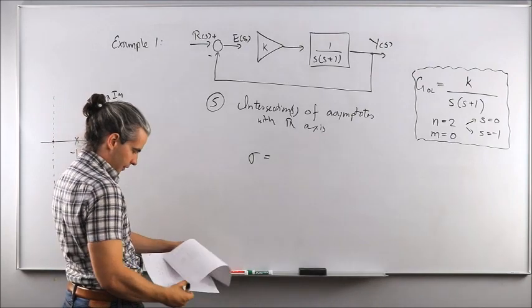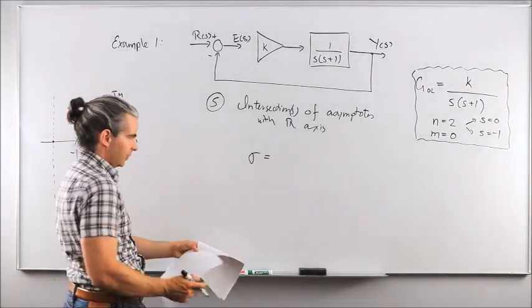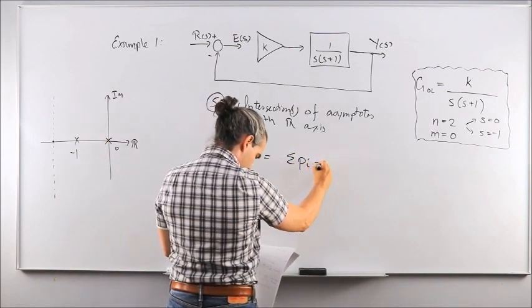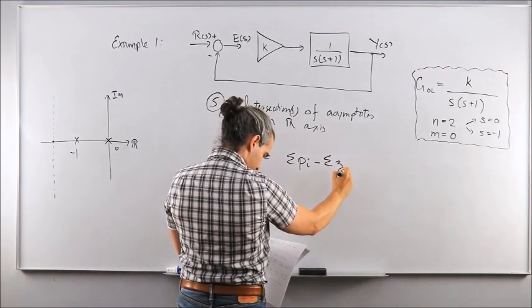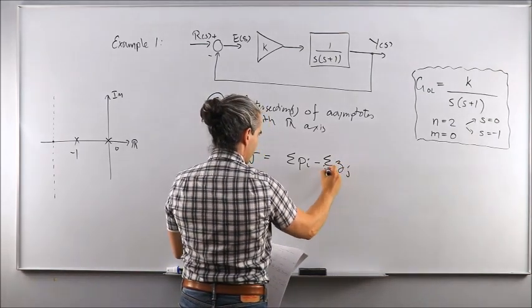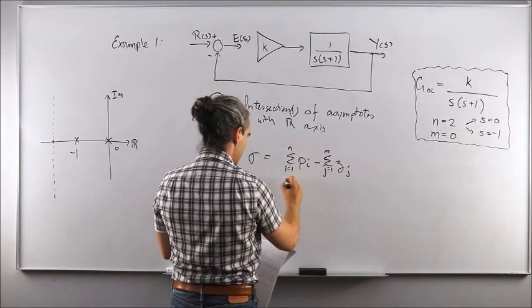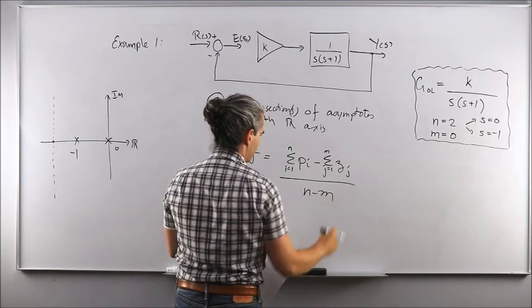Let's go back to the equation itself. We're summing all the poles minus all the zeros, with j equal 1 to m for the zeros and i equal 1 to n for the poles, divided by n minus m.